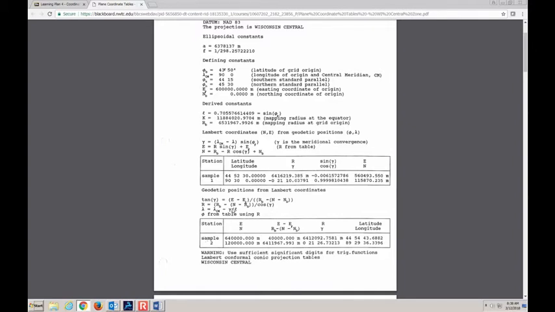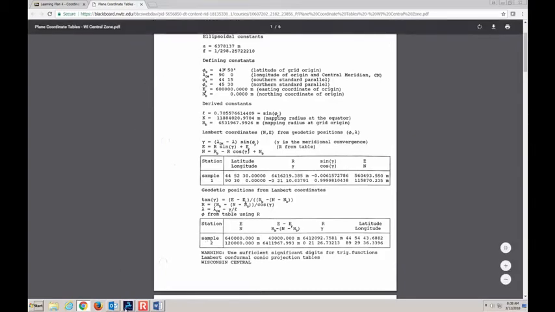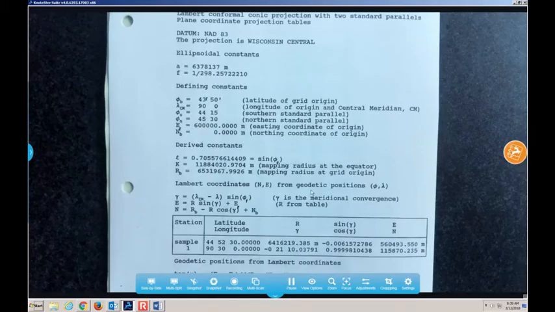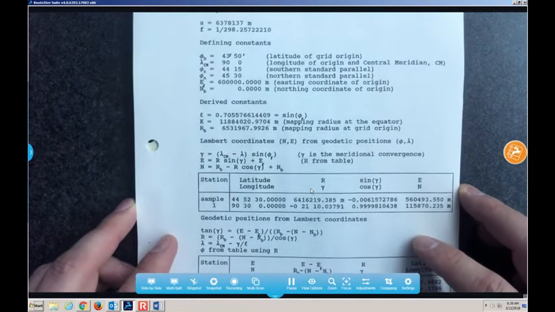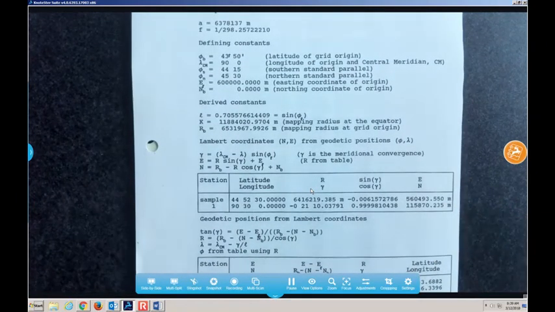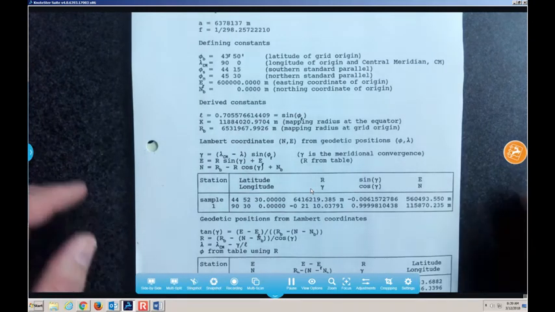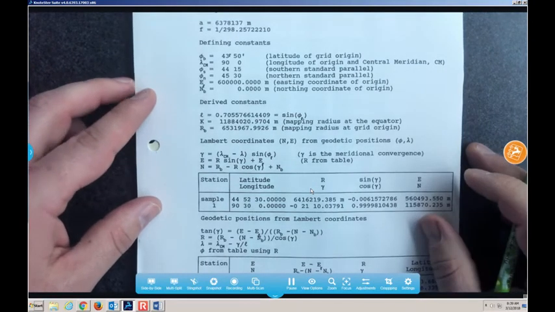So the first one we're going to tackle is from latitude and longitude to grid coordinate. All right, so let's explain this whole thing first. I'll try to explain what all these little things mean on here, and hopefully I get my Greek letters right. If anybody's stronger in Greek letters than I am, I appreciate letting me know what things are.